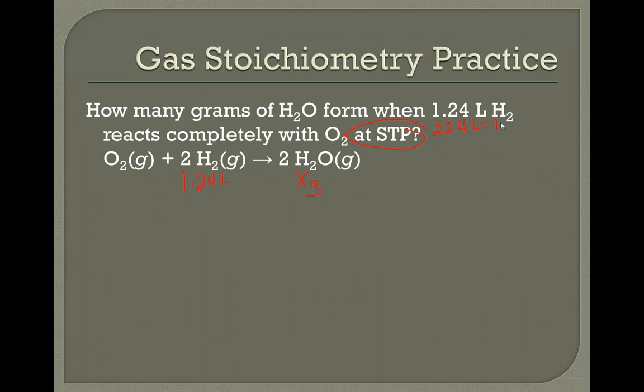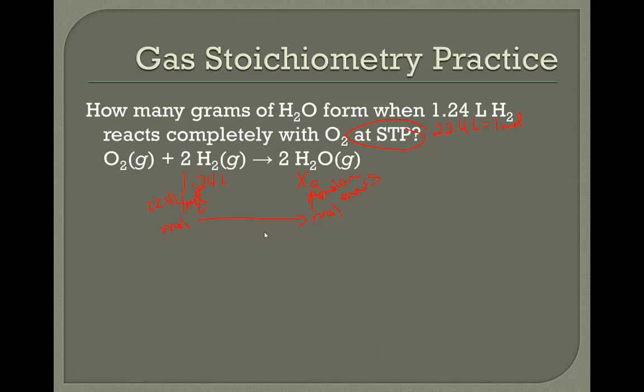That's the only time I can use that conversion factor. So we're going from one thing to another. Moles are the end caps. Liters to moles, I can use 22.4 because it says STP. And then moles to grams, I need the molar mass because of the unit grams.